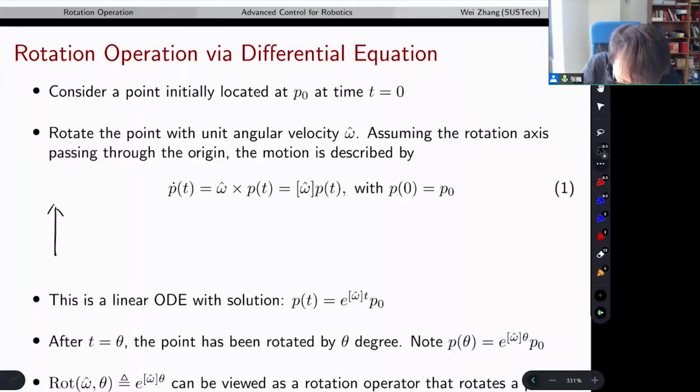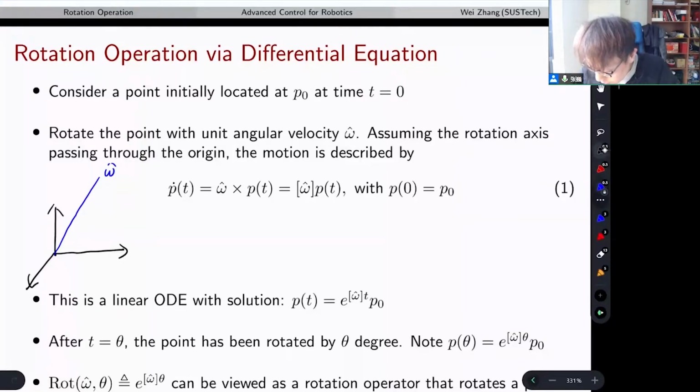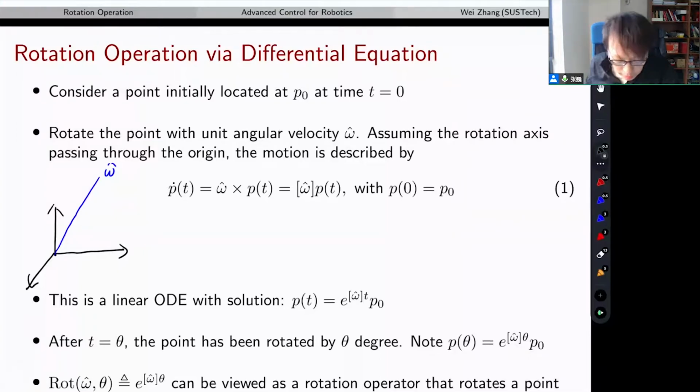Suppose I have a coordinate system and a rotation axis, omega hat. When I say hat, typically it's a unit vector telling you the direction of the axis. Suppose we are doing a rotating operation, counterclockwise about this omega hat.